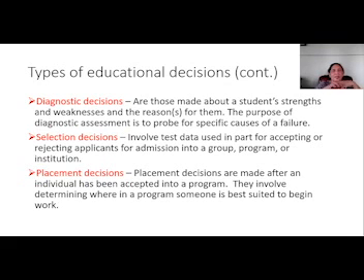So we cannot give them one instruction that fits all. No. But we have to differentiate the learning to really address the needs of these diverse students. Okay? So placement decisions are made in school to what? To address the diversity of the students or the learners.